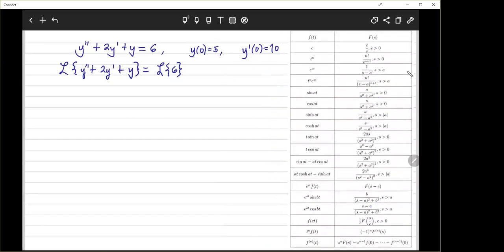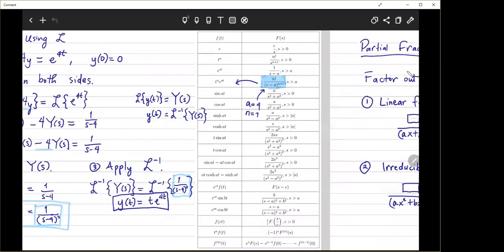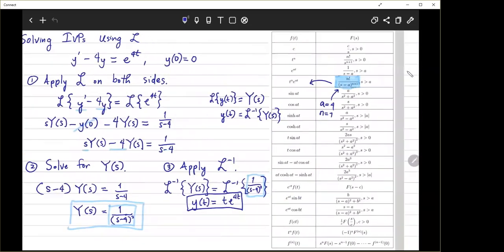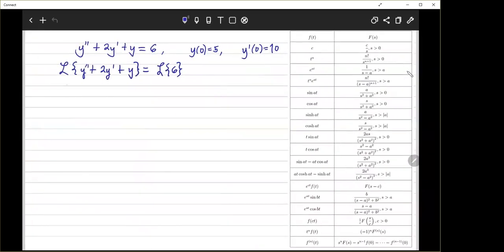Okay. So, Laplace of y double prime. This is where it comes in: the Laplace of a second derivative. So, we have s squared times the Laplace transform minus s f of 0 minus f prime of 0. We write that down. So, we have s squared y of s minus s y of 0 minus y prime of 0.